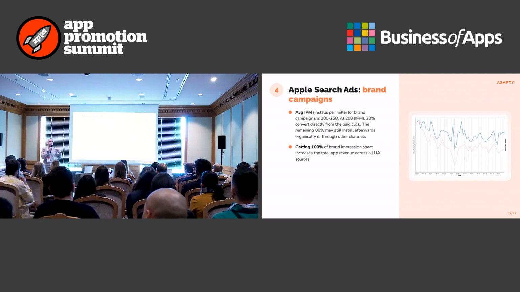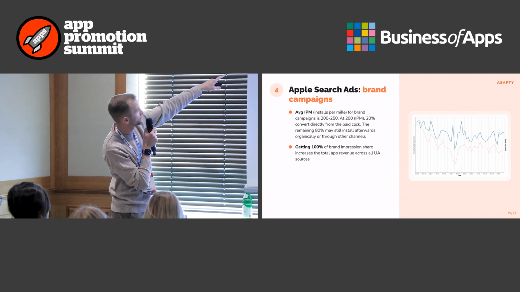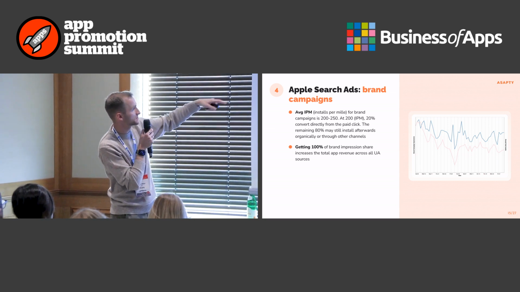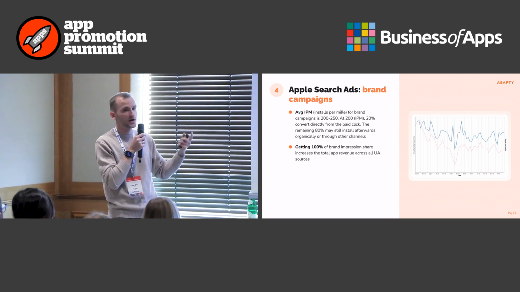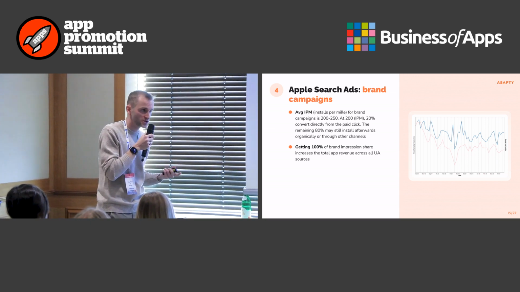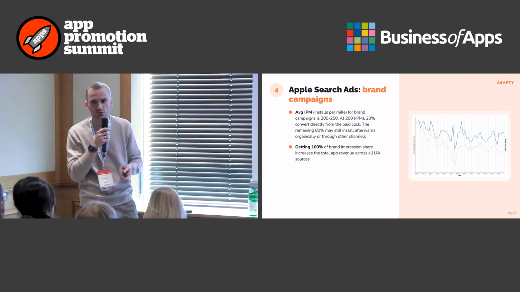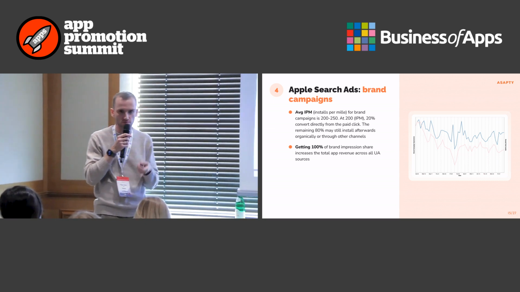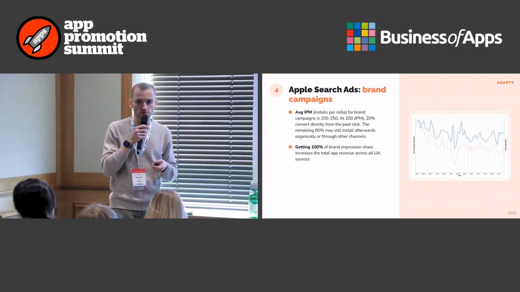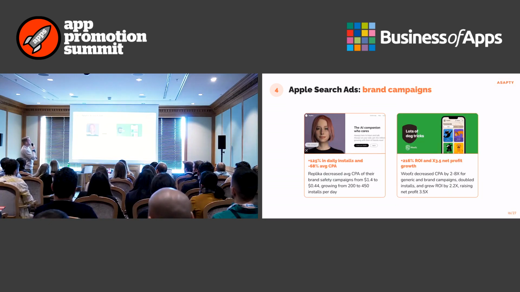So you will not buy all your brand. You will not be able to do it, because for example with 200, it means that you will buy only 200 installs from 1,000 impressions, and another 800 will go to your organic, and you will not spend a lot of money for your brand safety, but you will grow a lot from it. So yeah, let's go on.